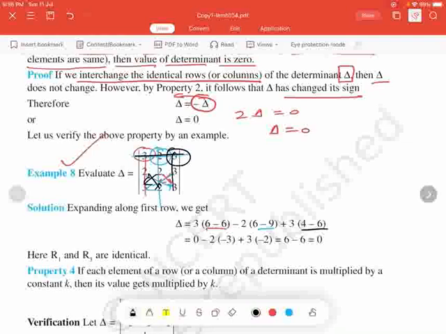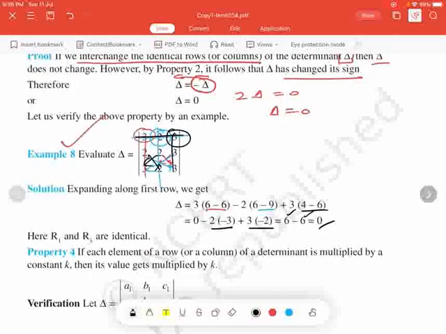If we solve it, we get minus 6 minus 3 into minus 2 plus 6 and minus 6, the value is 0. So you can use it directly for the problems based on determinants.